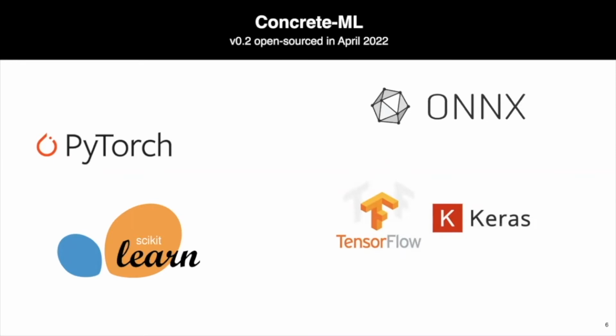We are just subclassing the classes of these frameworks. And when there is something different related to FHE, yes, sure, we have to code something new. But when it's the same thing, for example the training, we just call the regular function.